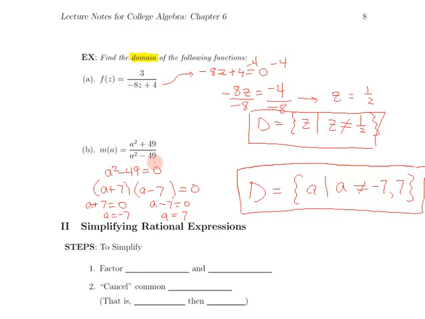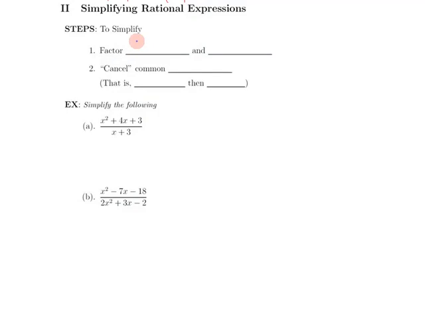Next thing we're going to talk about is how do we simplify? We take a rational expression, we want to reduce it. Just like if you take a fraction that's reducible, you want to be able to reduce those fractions. We're going to do the same thing now with polynomial fractions or rational expressions. The basic steps to simplifying a rational expression are just the following. You're going to factor the numerator.